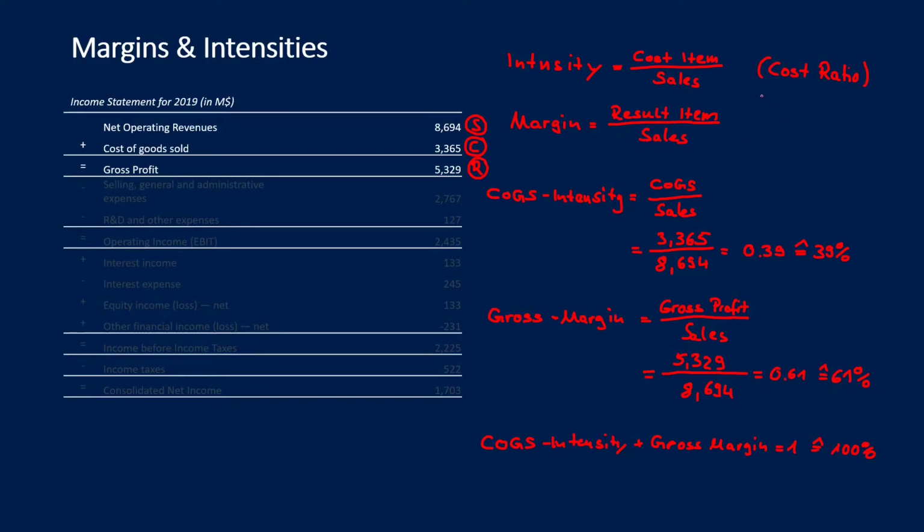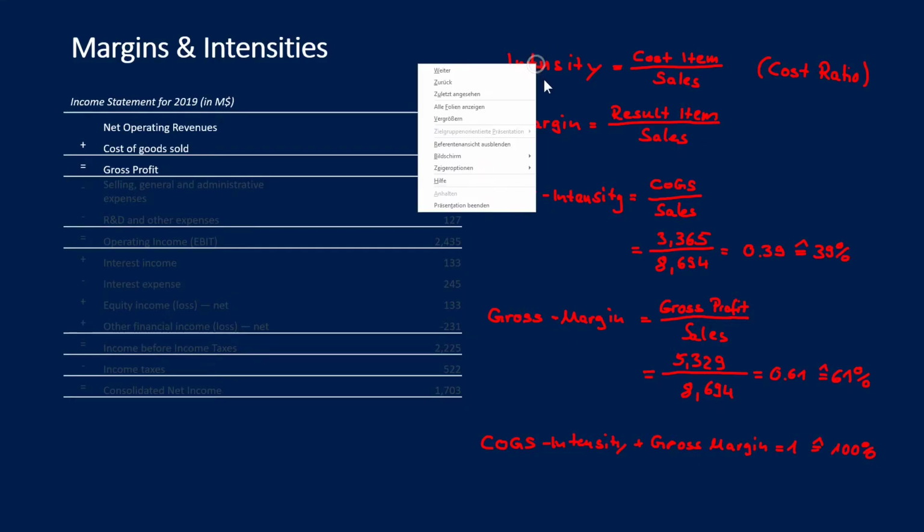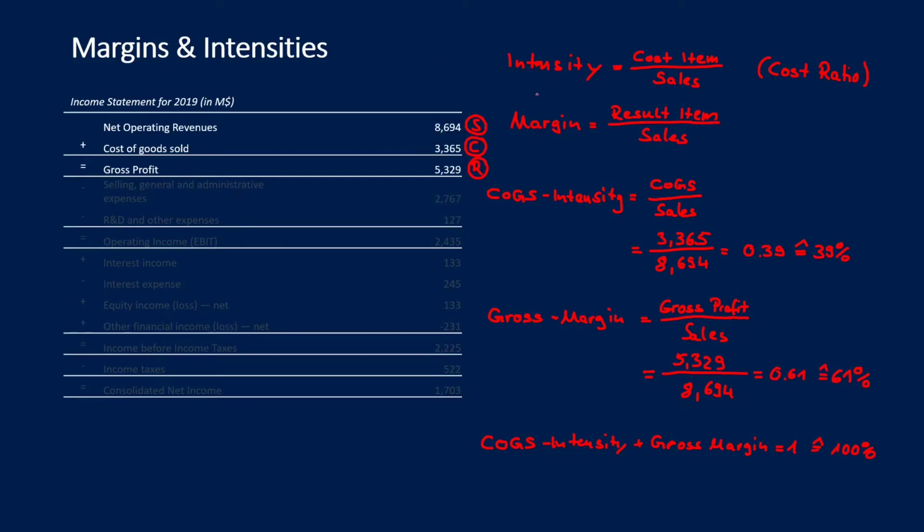As long as you put them into a relation with sales, it is always a cost ratio or an intensity. Okay, and a margin is defined as the ratio of a result item and sales. And I have given 2 examples on that on this page.